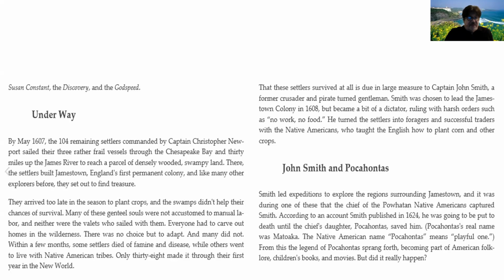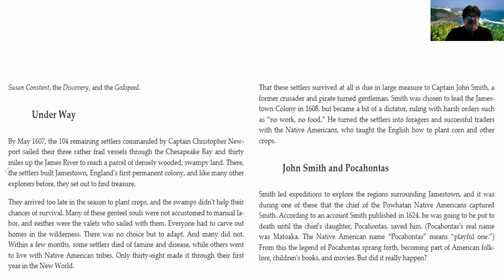By May 1607, the 104 remaining settlers, commanded by Captain Christopher Newport, sailed their 3 rather frail vessels through the Chesapeake Bay and 30 miles up the James River to reach a parcel of densely wooded, swampy land.